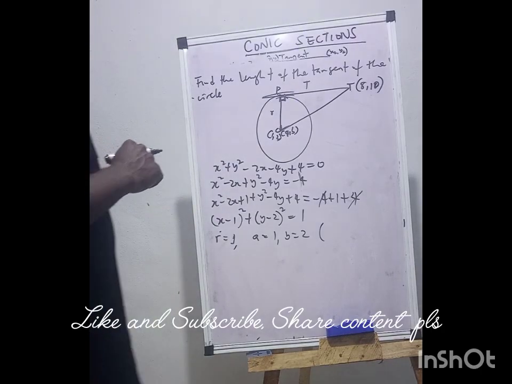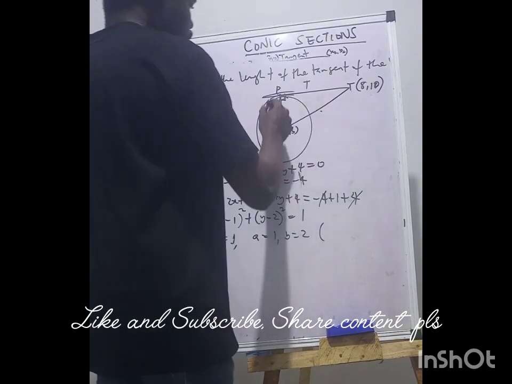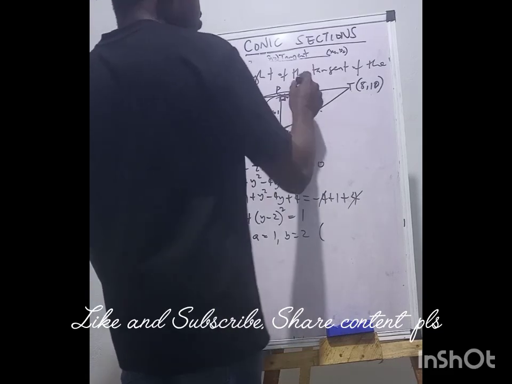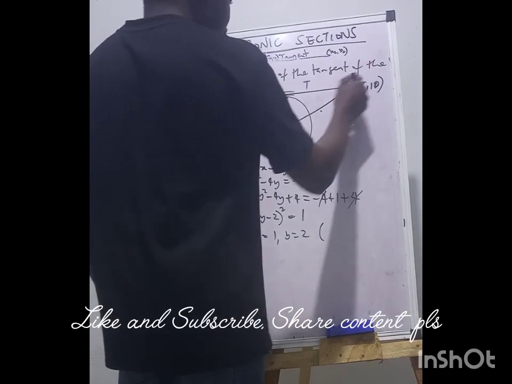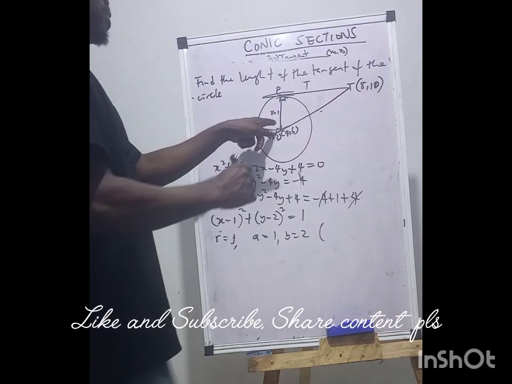So the length of the tangent is what we are looking for. If r is equal to 1, what is the length of this? But before then, let's find this. We can also get this length because this is also like a circle.